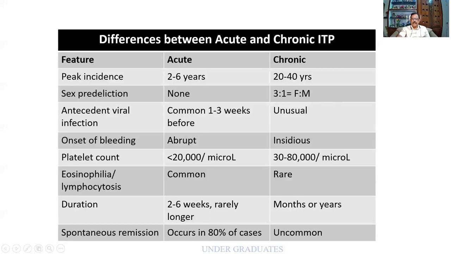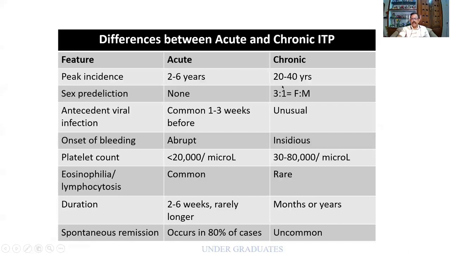And there can be reactions, so eosinophilia or lymphocytosis is quite common. The platelets are very much reduced, less than 20,000. When I see the peripheral blood, I can hardly see them. Duration is 2 to 6 weeks. It is rarely very long. So it is self-limiting. Supportive treatment will be adequate and the prognosis is excellent.